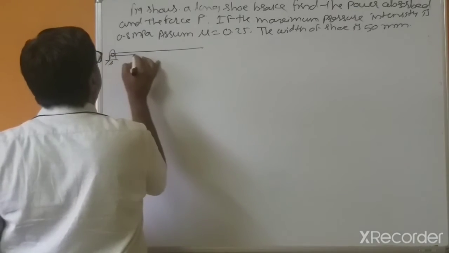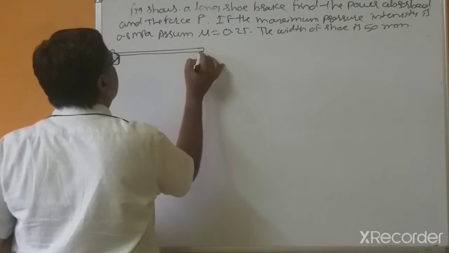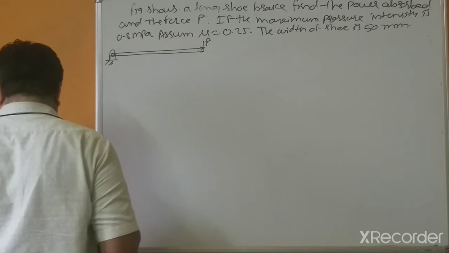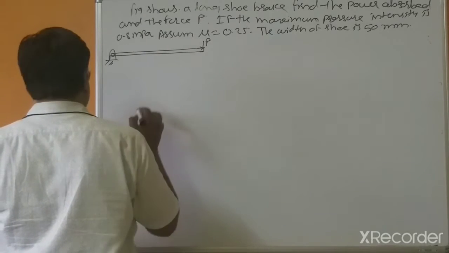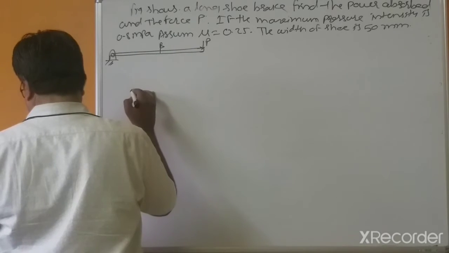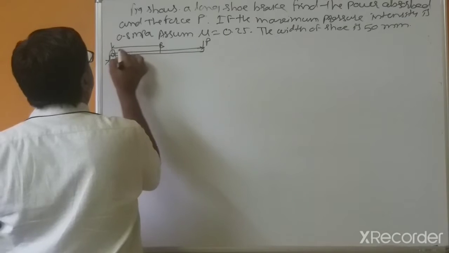Figure given. This end is the pivot end, this is the lever, here is the actuating force P, this distance is B, and this distance is given as 280.